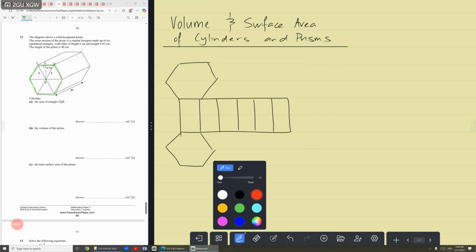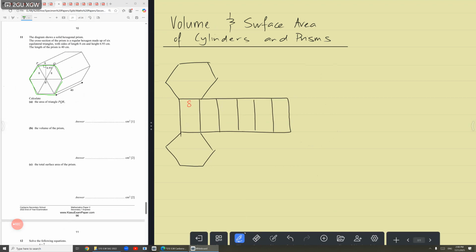Okay, and what's the value of these lines? This is all 8 centimeters. All these are 8, and the length is 40 cm. Okay, so what we need to find is the area of all these shapes. Okay, so I'm going to show you how. This will be the total surface area.